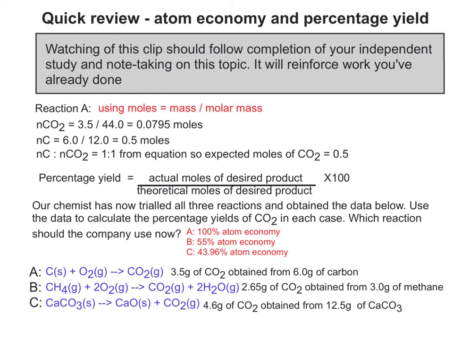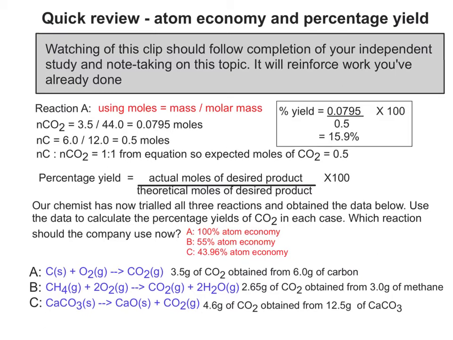And in the equation there is a 1-to-1 ratio between carbon and carbon dioxide, so you'd expect to get 0.5 moles of carbon dioxide from 0.5 moles of carbon. Obviously we've got quite a lot less of that. So if you divide the actual moles, which is 0.0795, over the expected moles, which is 0.5, multiply that by 100, that gives you 15.9%.